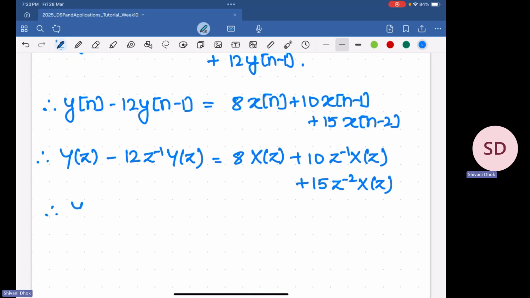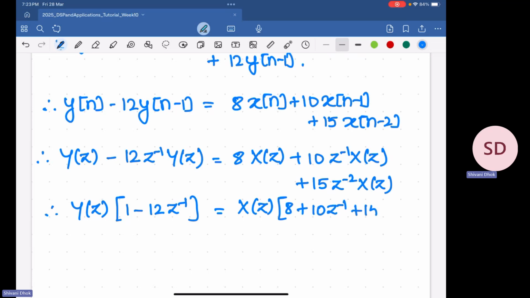So Y of z I can take out common, we get 1 minus 12 z inverse, which is equal to, taking X of z common, X of z into 8 plus 10 z inverse plus 15 z to the power minus 2.